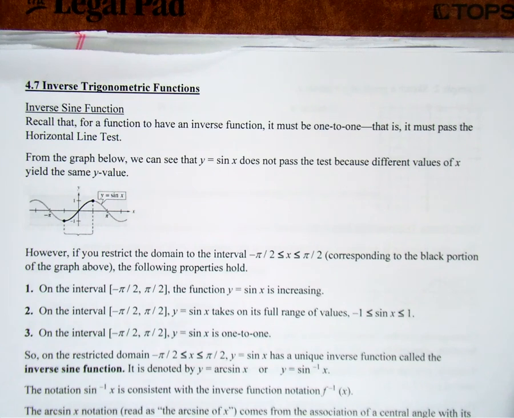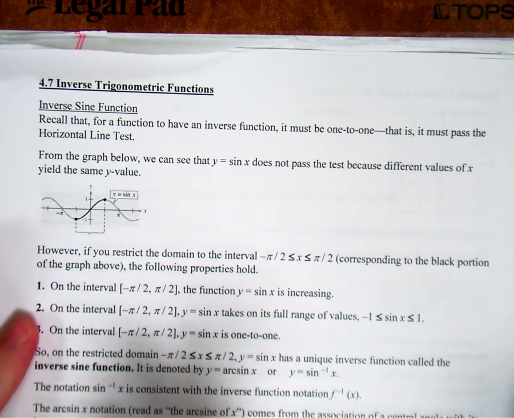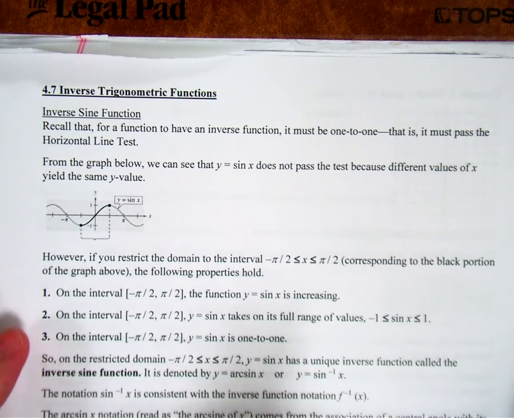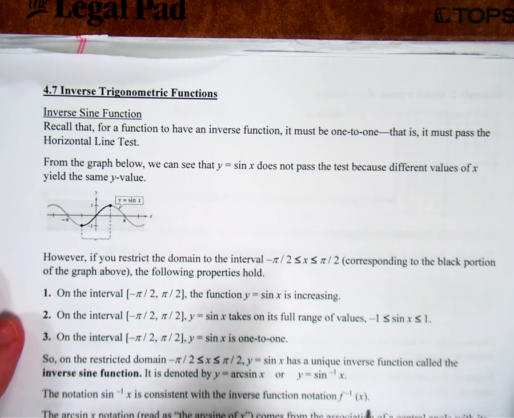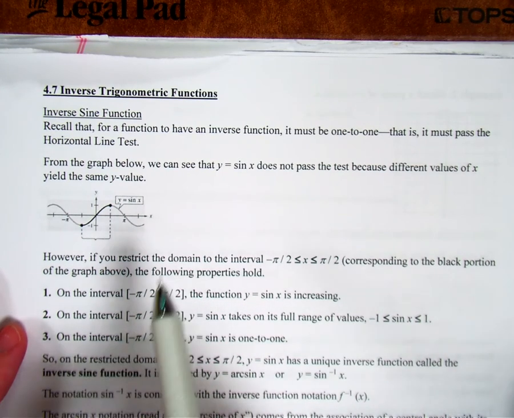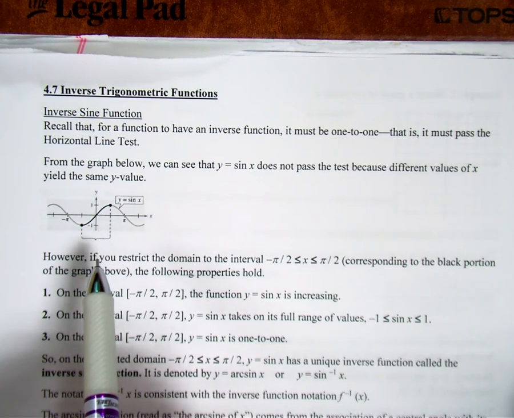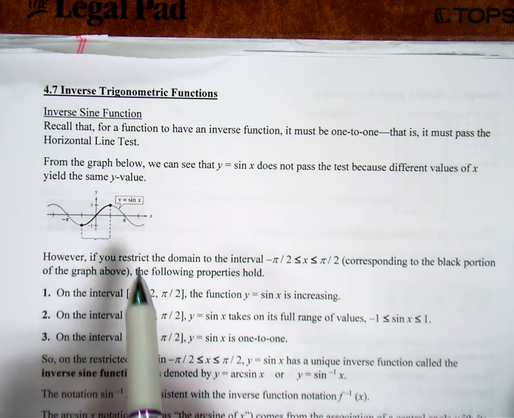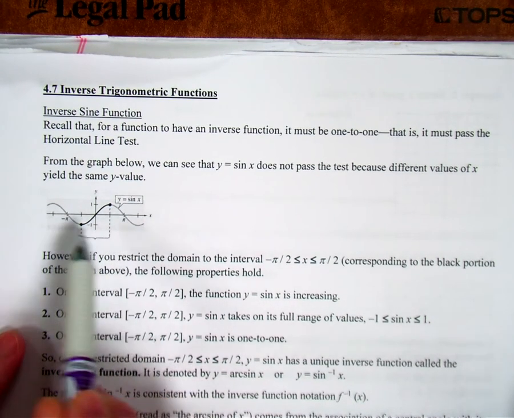Alright, here we are with 4.7, inverse trig functions. Recall that for a function to have an inverse, it must be 1 to 1, and it must pass the horizontal line test. From our sine and cosine graphs, we know that those won't pass the horizontal line test because they keep bouncing up and down.